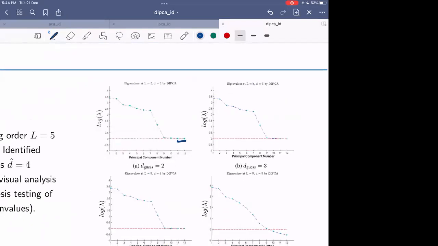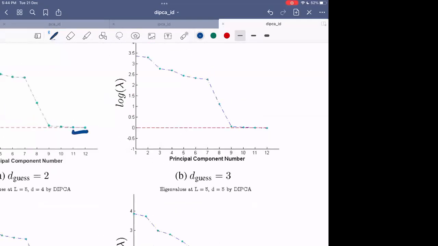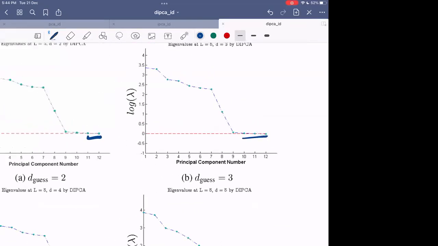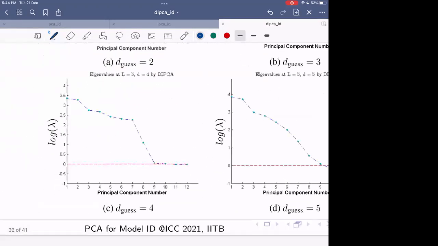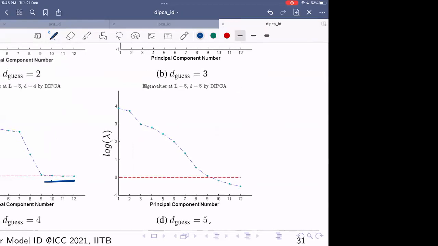So we proceed because when you start from a low value of D, the rule is that you increase until this condition breaks down. So you go to 3 constraints and you get 3 unity eigenvalues. With 4, you get 4 unity eigenvalues. The moment you cross the real barrier, you see the unity eigenvalue condition has broken down. By the way, I'm plotting log of lambda here, so our reference line is the 0 line.